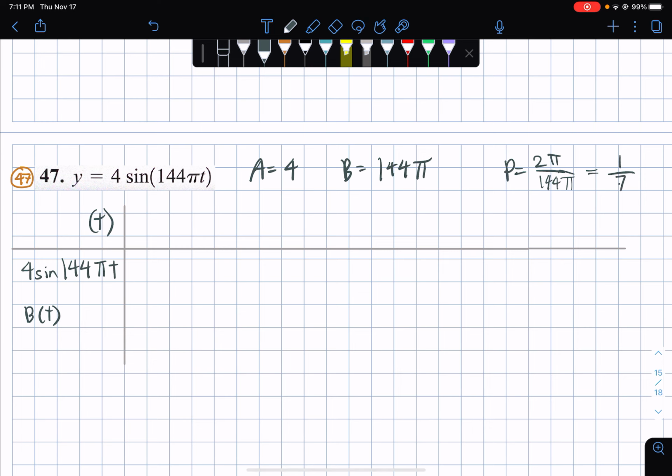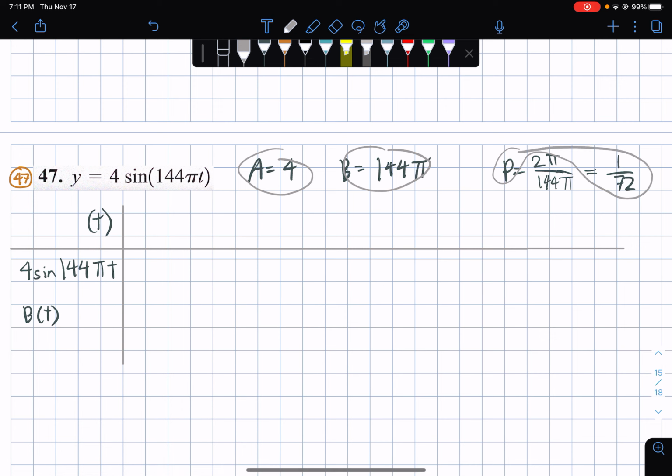It's 1 over 72. We range from 0 all the way to 1 over 72. 1 over 72 divided by 2 is 1 over 144. 1 over 144 divided by 2 is 1 over 288.